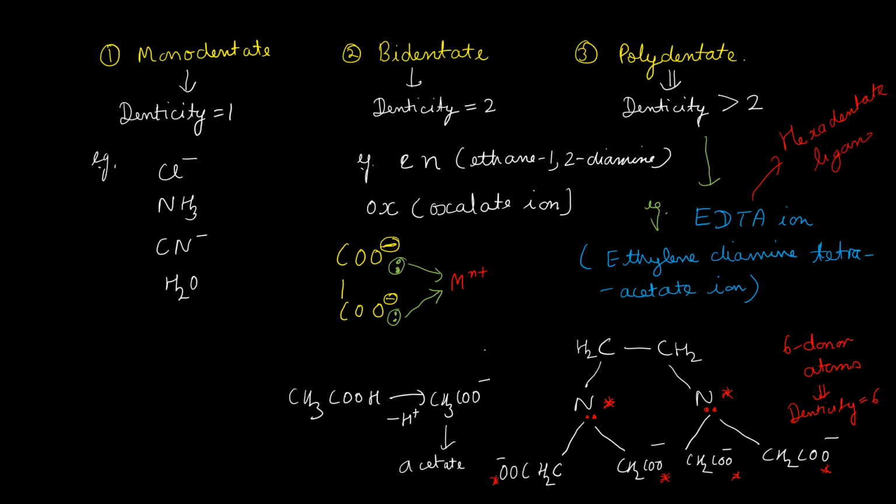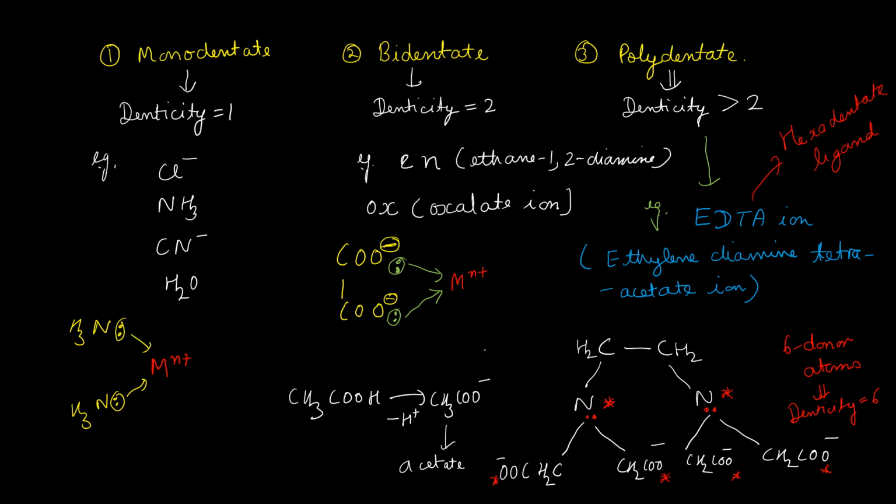So all those ligands which have more than 2 denticity will be included under polydentate ligands. Now one more thing, when the bond formation happens, if this is Mn plus ion, and I make two ammonia molecules, one like this and another like this, this is the bond.